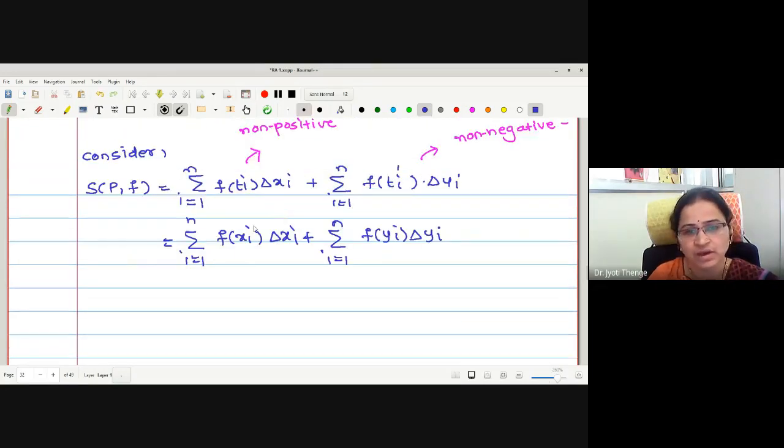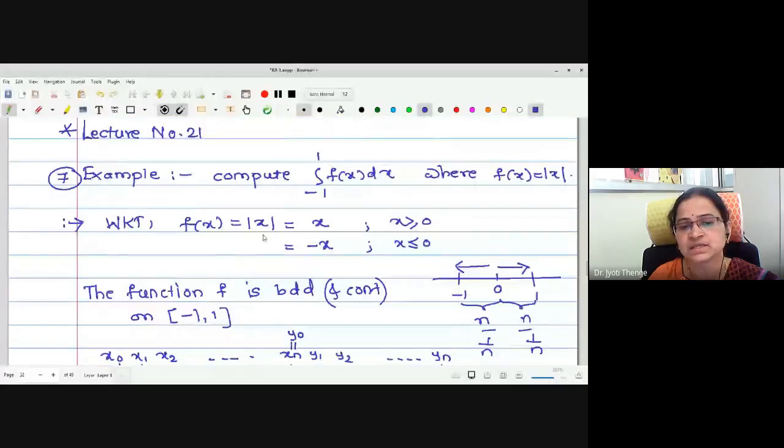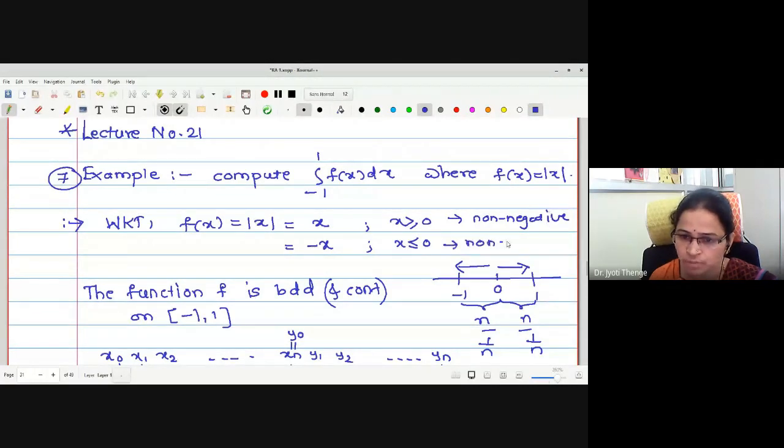Let us look at the definition. f of x is mod x, where mod x is defined as x for non-negative values, and for non-positive values, f of x is defined as minus x.